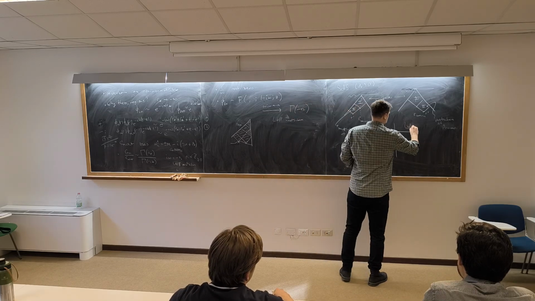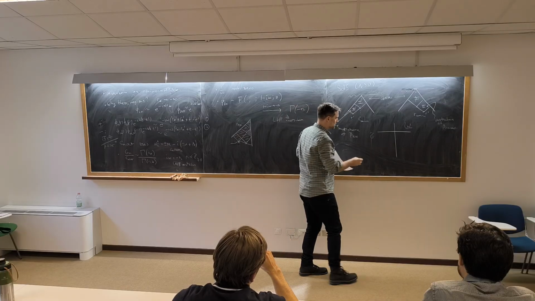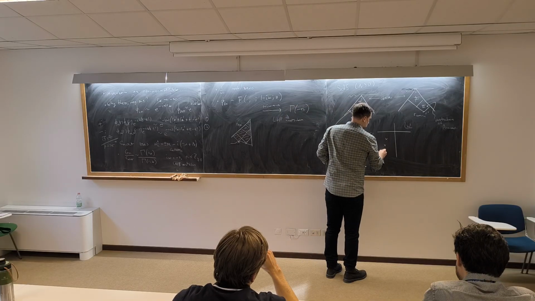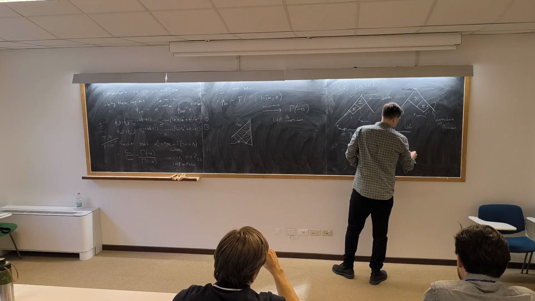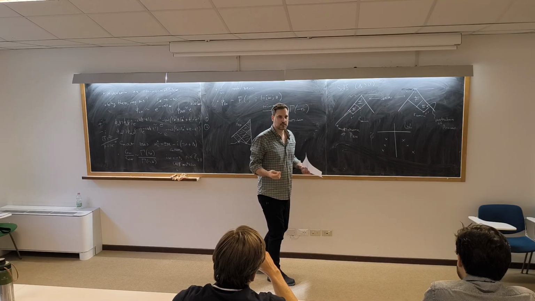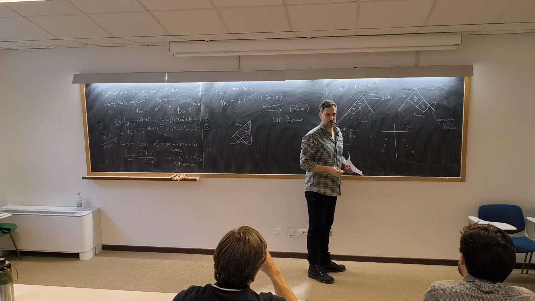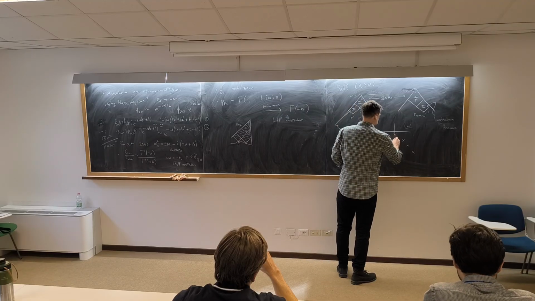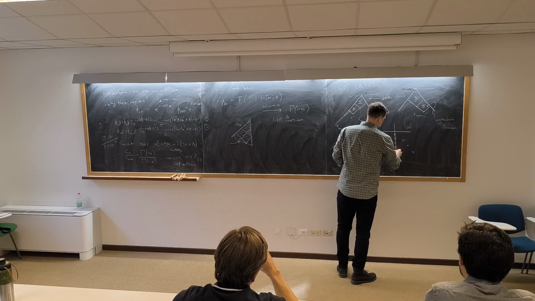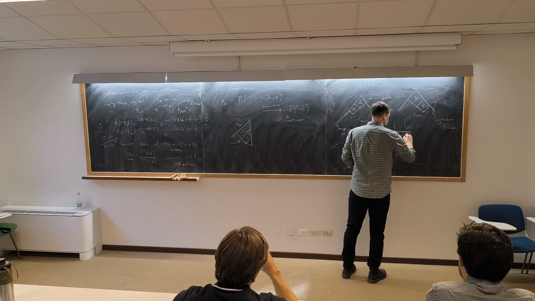Then, as long as lambda is not too large, you can morally split the quasi-normal modes into things that look like the quasi-normal modes of the black hole, and things which look like the quasi-normal modes of the pure static patch without a black hole. So these live on the imaginary axis. And these are spaced by basically the square root of lambda.